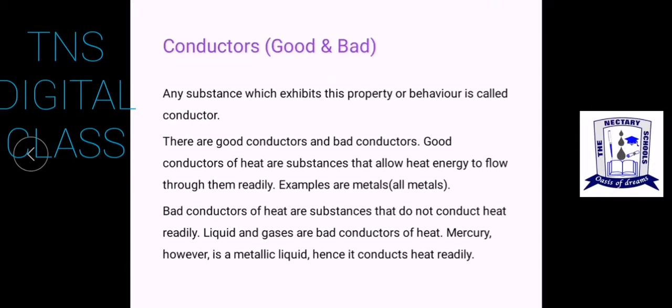So a conductor is any substance which exhibits this property or behavior. Which property are we talking about? The property of allowing heat to flow through it. So a conductor is any substance which allows heat to flow through it.